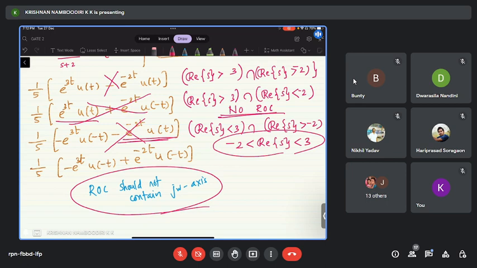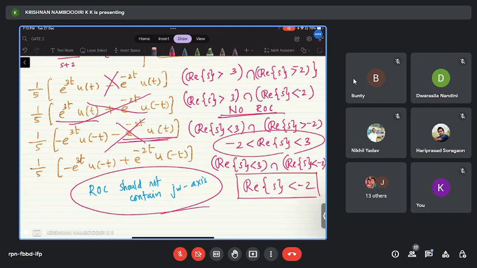So the only remaining one is the fourth option, but let us try to verify this. Real part of s less than 3, intersection with real part of s less than minus 2. So what is the total ROC? That is nothing but real part of s less than minus 2. Correct? So this does not contain j omega axis.